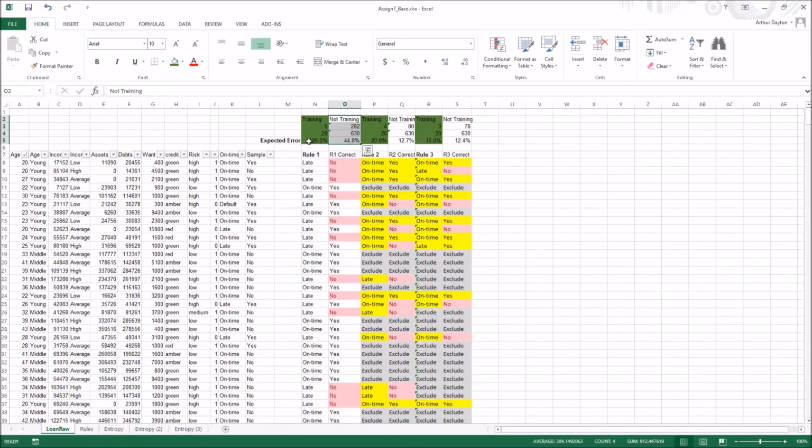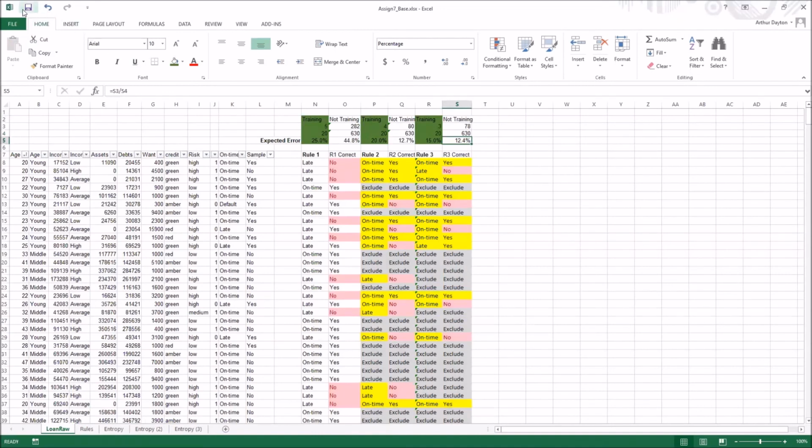So we can see on training, we had an expected error of 25%, on non-training 44%. The second rule did significantly better on the non-training data set than the training, and then we got a very marginal increase from the third rule. So that gives us a sense of how well our model that we built is performing against our non-training data.